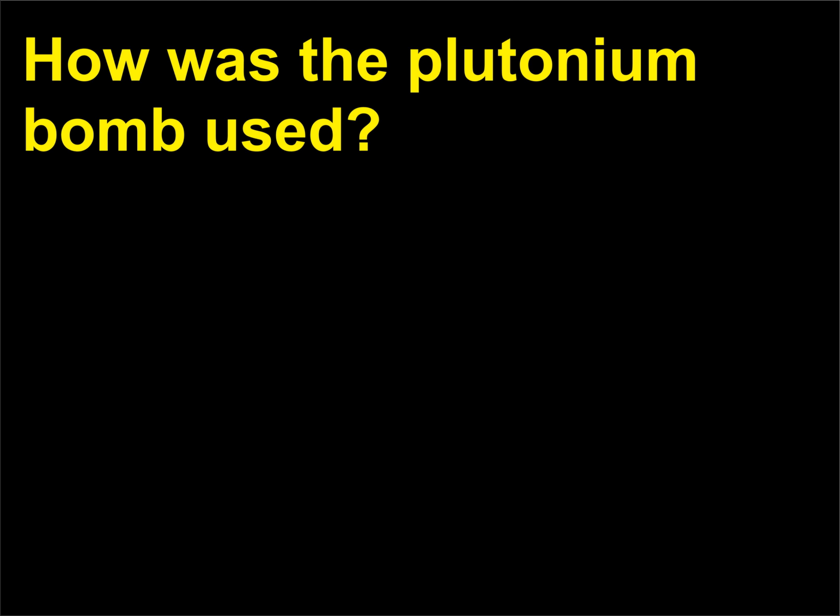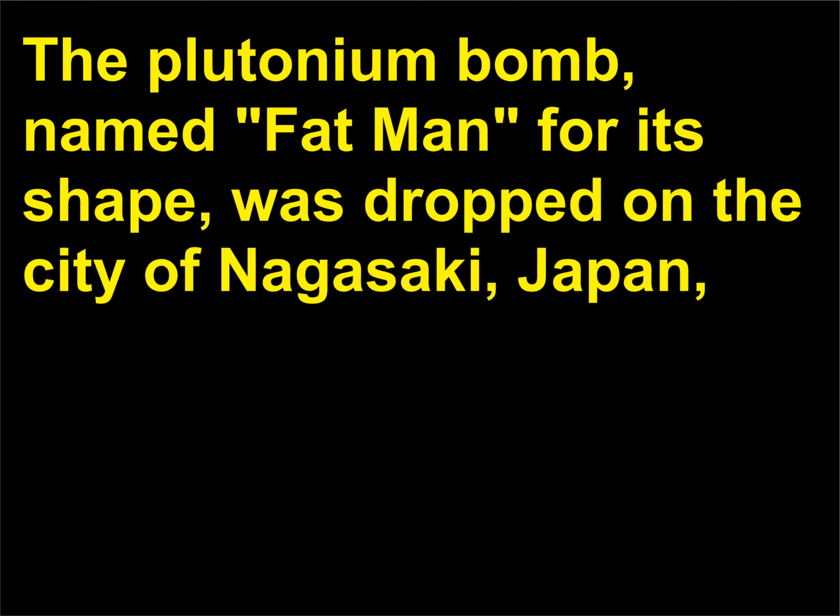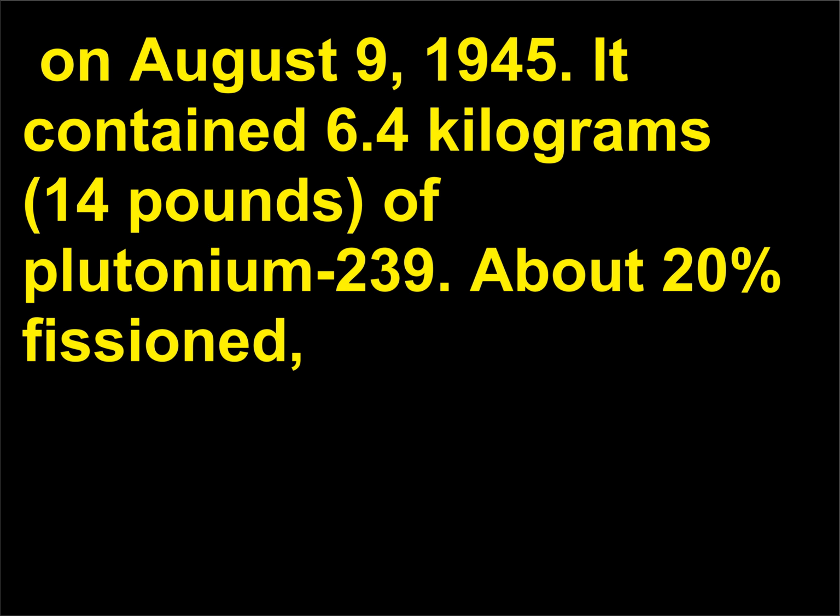How was the plutonium bomb used? The plutonium bomb, named Fat Man for its shape, was dropped on the city of Nagasaki, Japan, on August 9, 1945.